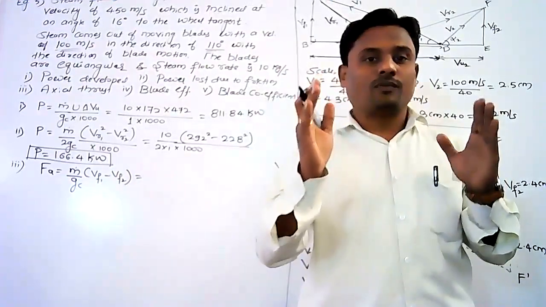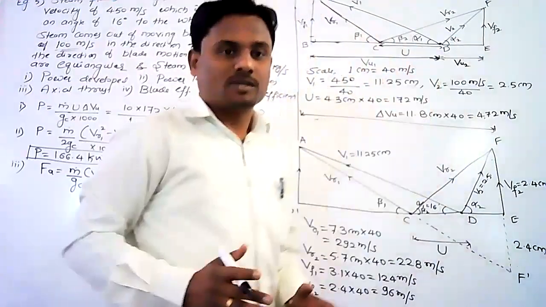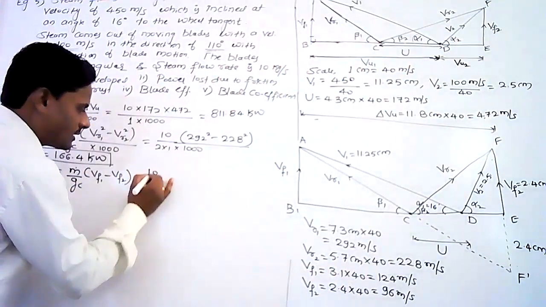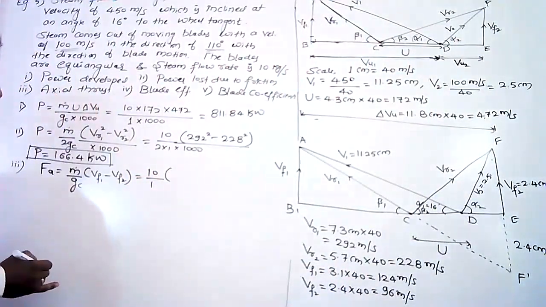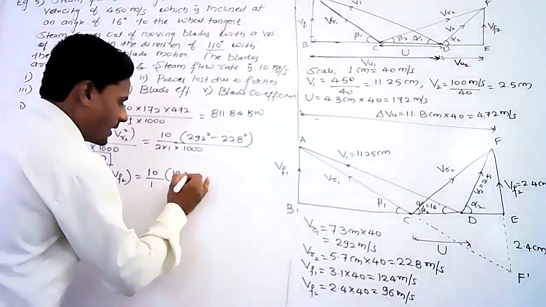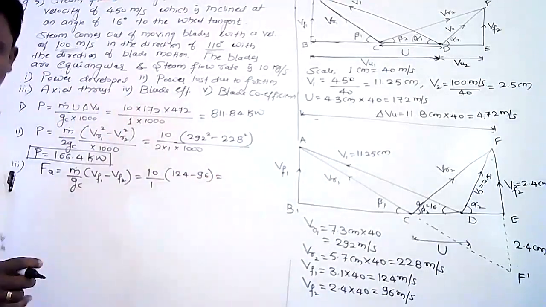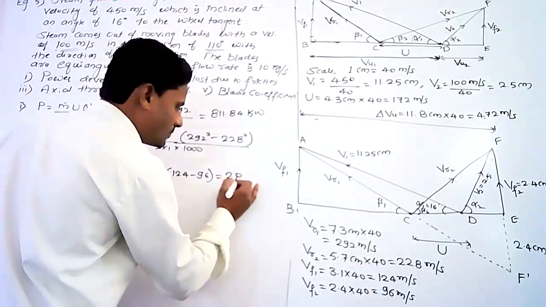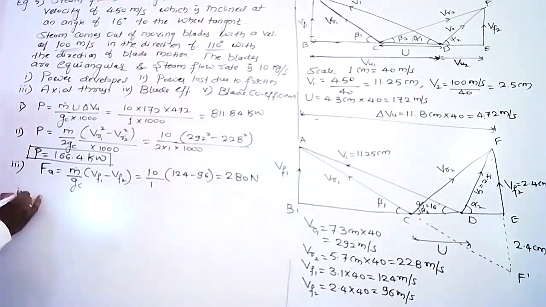Because both Vf1 and Vf2 are in the same direction. They are moving towards the same direction, that is upward direction. M dot is 10 divided by Gc, which is 1. Vf1 is 124 minus 96, so Fa equals 280 newtons.